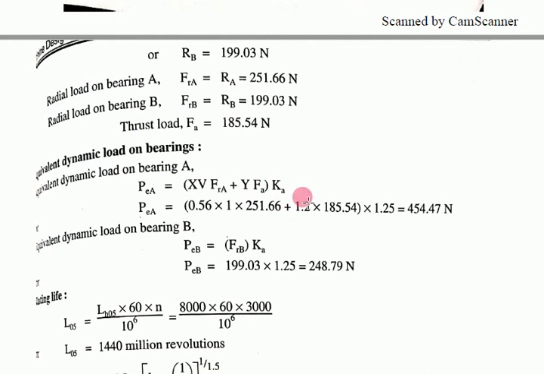All terms we know, right? So after putting the value, we can find equivalent dynamic load at A, that is 454.47 Newton. Same way equivalent dynamic load at bearing B, that is FRB into KA. So we got PEB equal to 248.79 N.